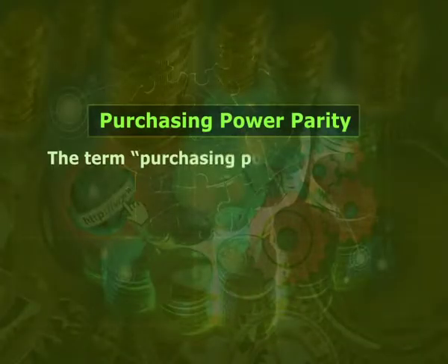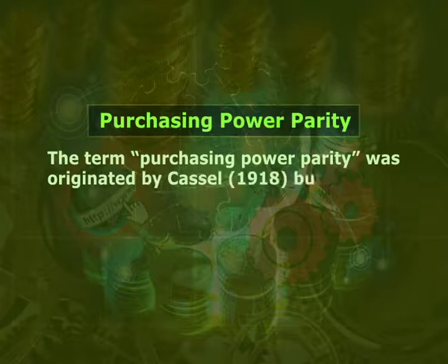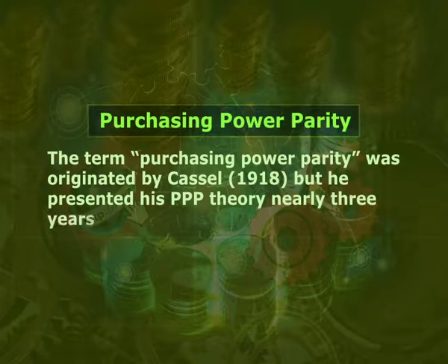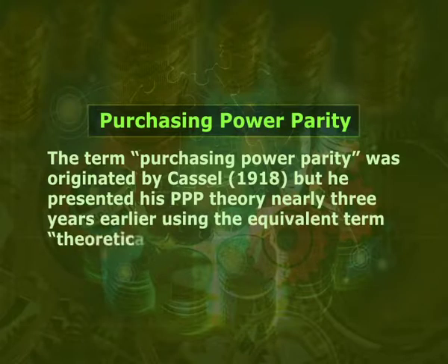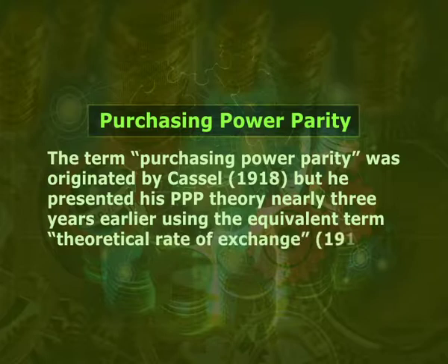Let's first discuss the origins of the purchasing power parity theory. The term purchasing power parity was originated by Cassel in 1918, but he presented his PPP theory nearly 3 years earlier using the equivalent term theoretical rate of exchange in 1916.